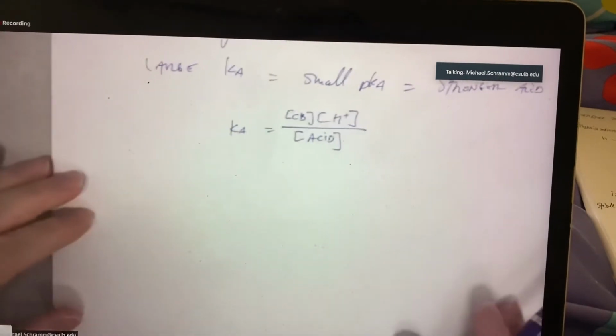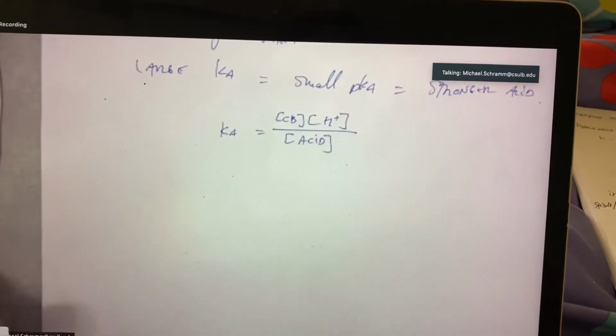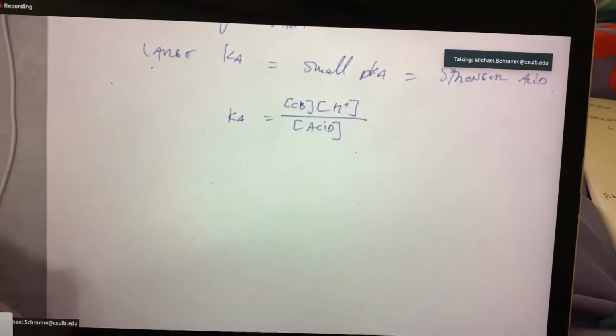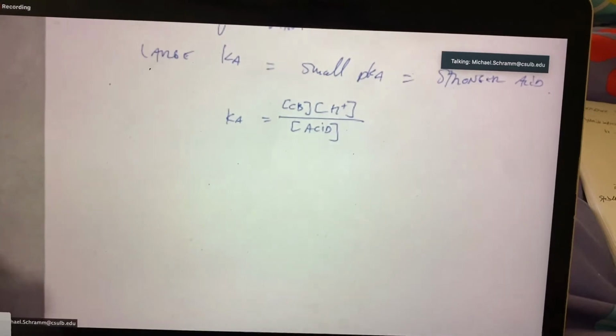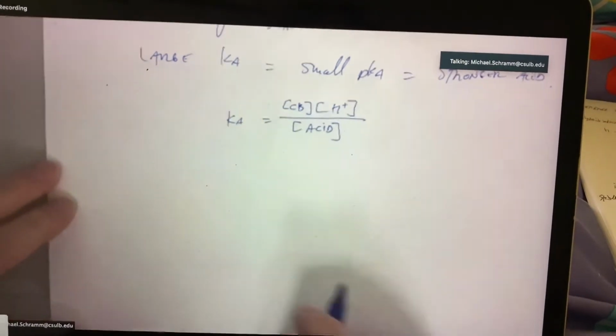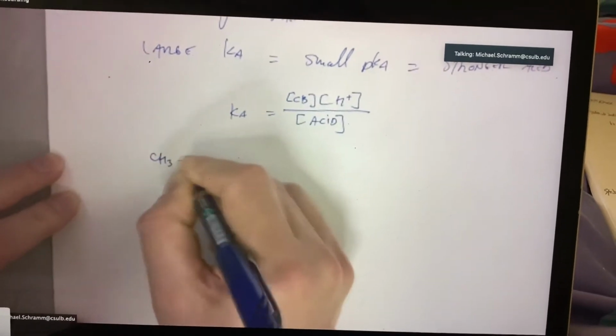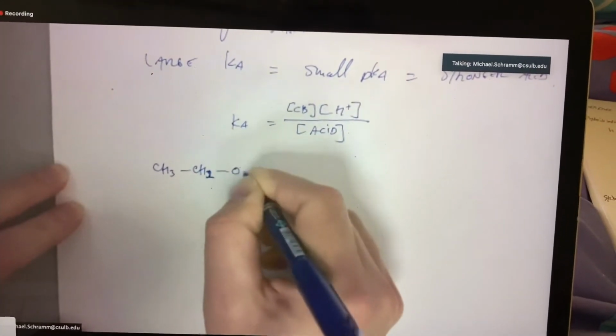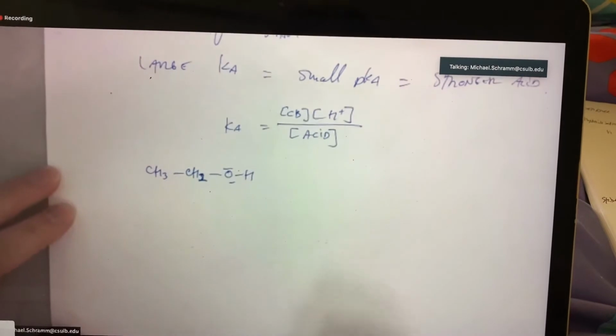Let's actually just redo this, and we're going to keep using water to understand a little bit about why something's a strong acid, why something's a weak acid. Water is the perfect medium or solvent, and it's going to play the role of base in all of these examples, so it'll help us understand where these numbers come from. We're going to waste a perfectly good molecule of ethanol this morning.